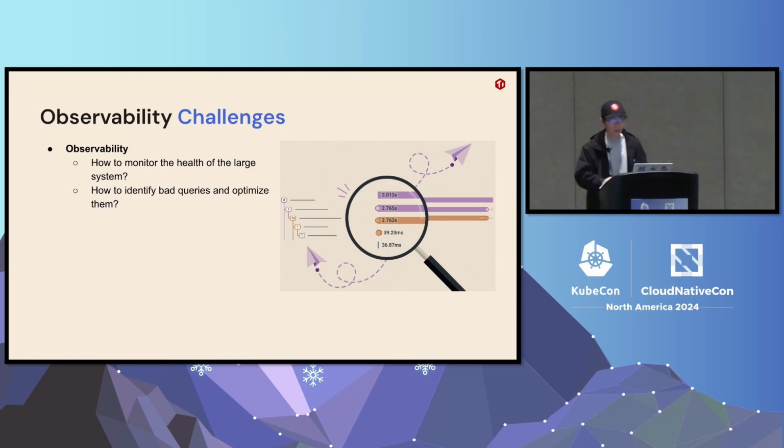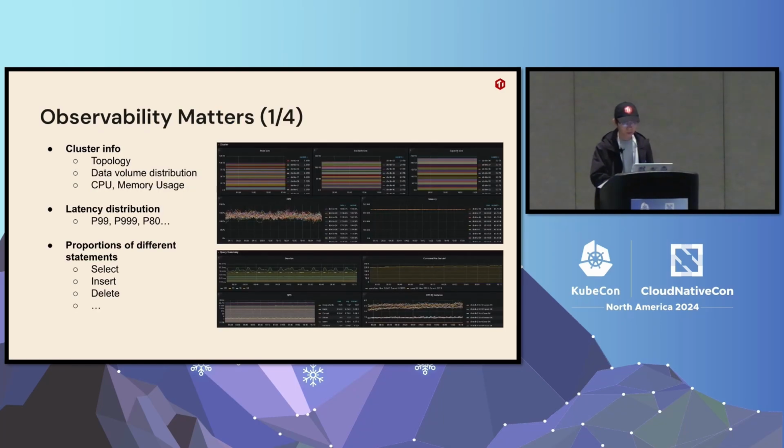So observability is very important for a large system, and we did a lot of effort on this. You can monitor the cluster level information, like how many nodes you have, how much data each node has, and the resource usage, the latency distribution, and the QPS.